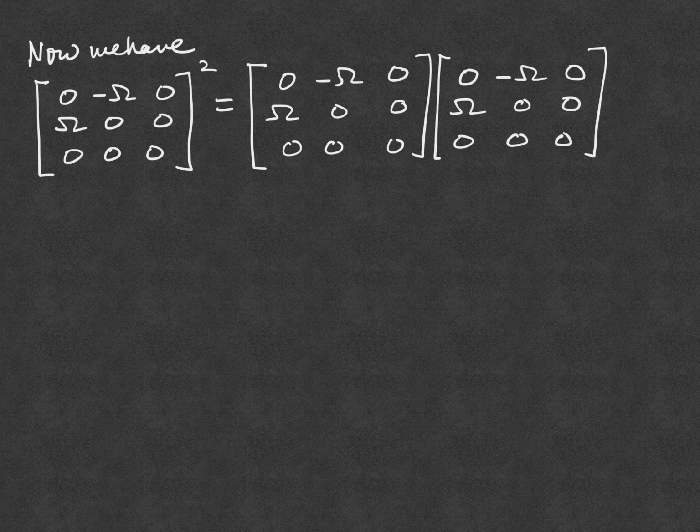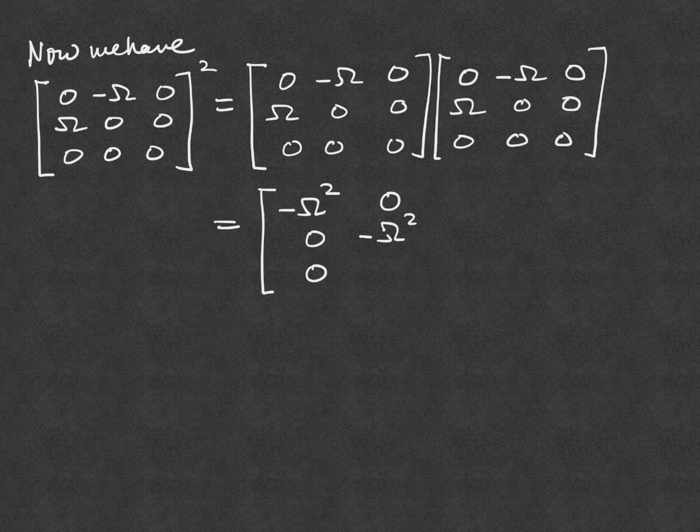If we just multiply it out, row by column, the first row times the first column gives me minus omega squared. The second row times the first column gives me 0, and the third row times the first column gives me 0. Now let's do it again. The first row times the second column gives me 0. The second row times the second column gives me minus omega squared. And then I get 0.